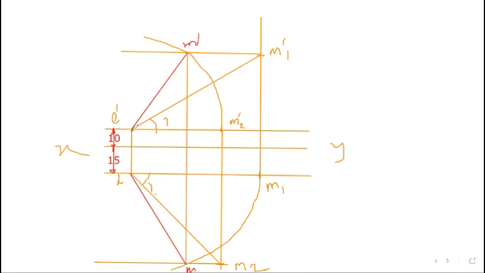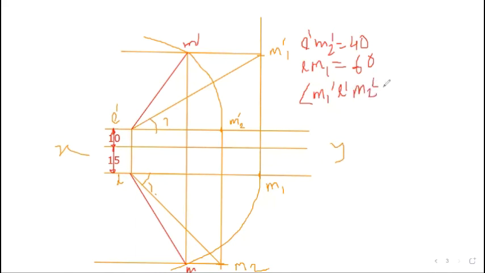And here you can write L dash M2 dash equals 40 and L M1 equals 60, and you calculate the angle M1 dash L dash M2 dash.